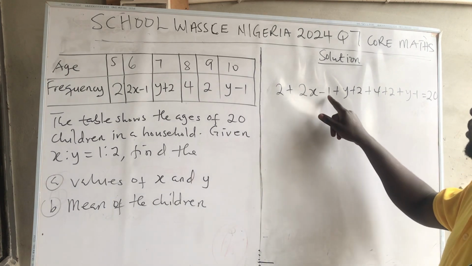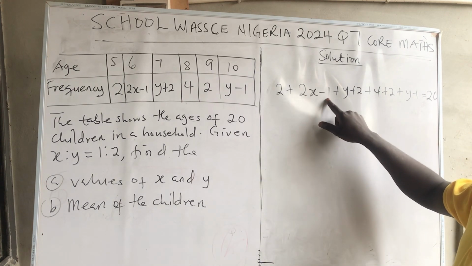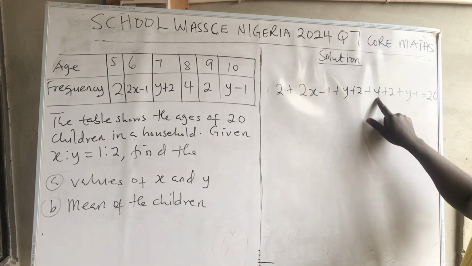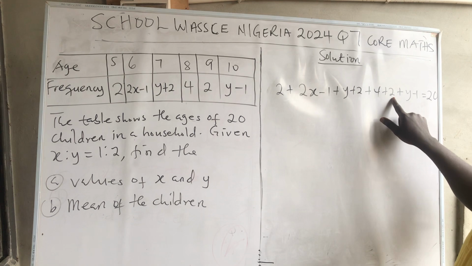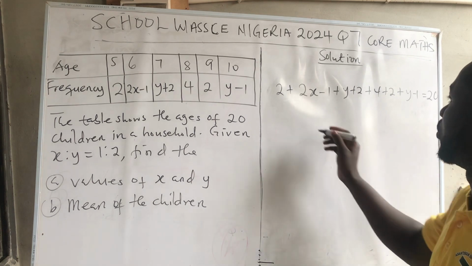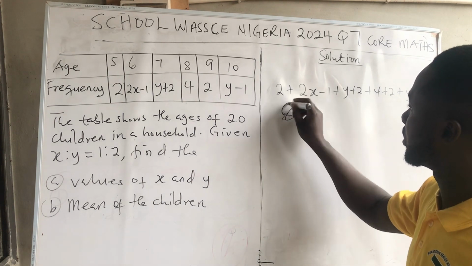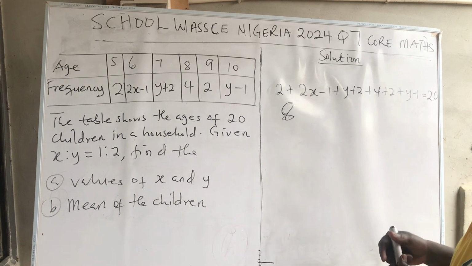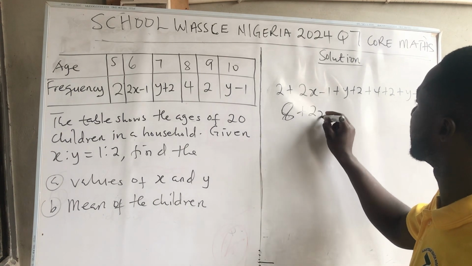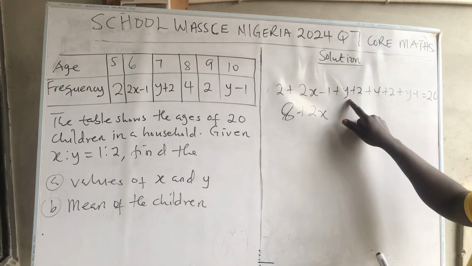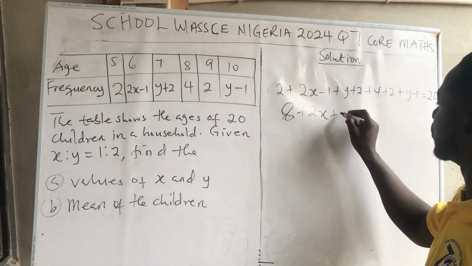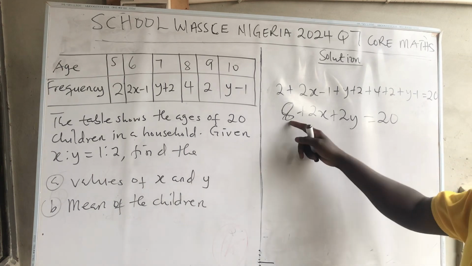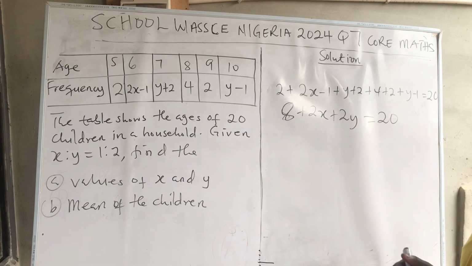So 2 plus 2 minus 1 is minus 1, plus 2 is 3, plus 4 is 7, plus 2 is 9, and then minus 1 will give us 8. Then we have 2x, and y plus y, which will give us 2y. So we have 8 plus 2x plus 2y equal to 20.